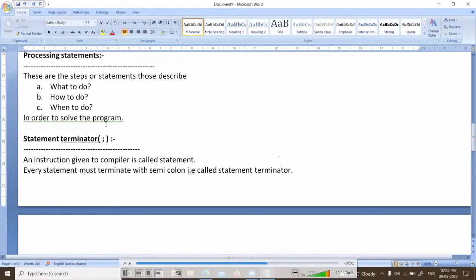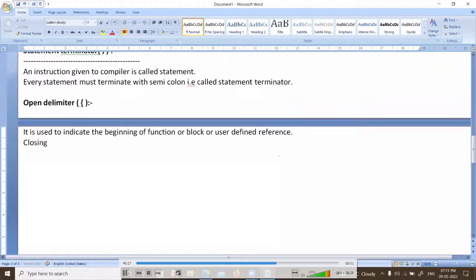Now, what is the use of the closing curly bracket? It is known as the closing delimiter. It is used to indicate the ending of a function, block, or user defined reference, meaning a block defined by you.